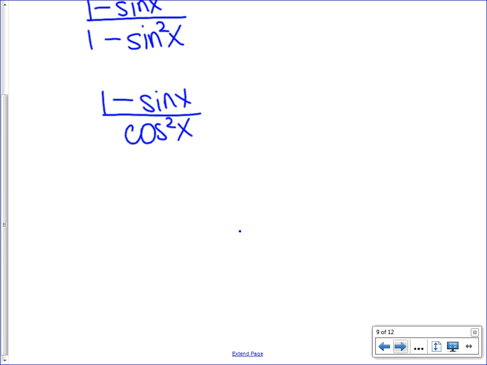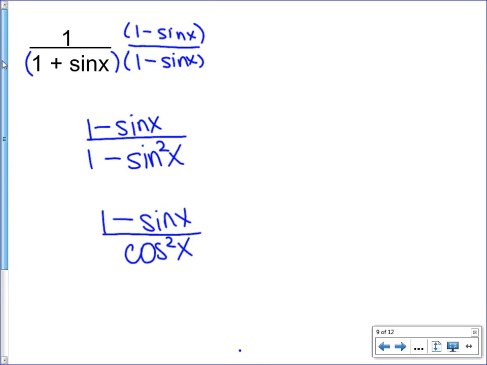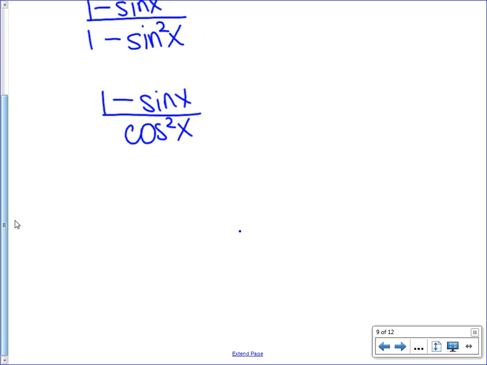All right. Now, I have a fraction with 2 terms in the numerator. When this happens, what can you do with this fraction? We can break it into 2 pieces. I could not do that up here. We can't break up a denominator, but we can break up a numerator.